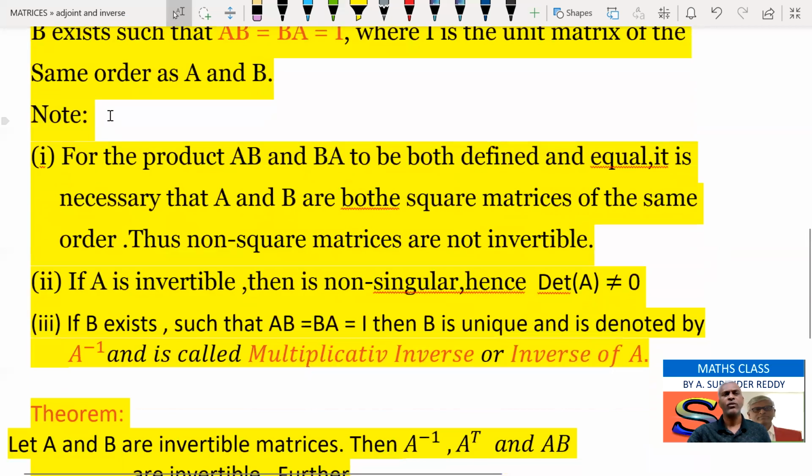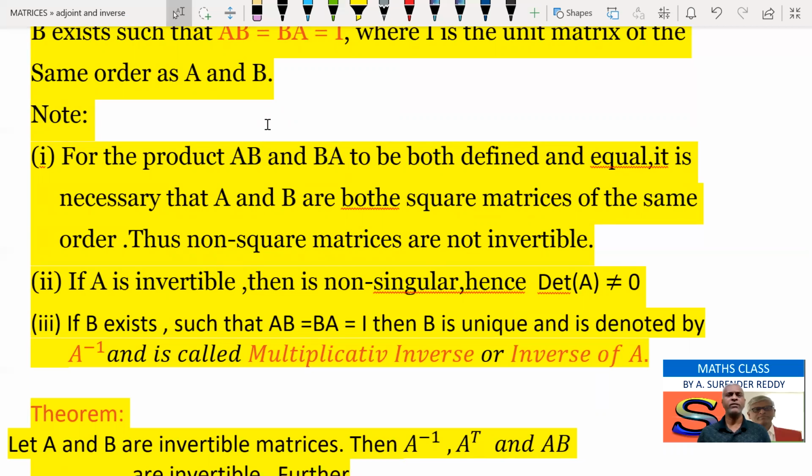You notice the following. For the products AB and BA to be both defined and equal, it is necessary that A and B are both square matrices of the same order. ABలు ఒకే తరగతికి చెందిన మాత్రికలై ఉండాలి.